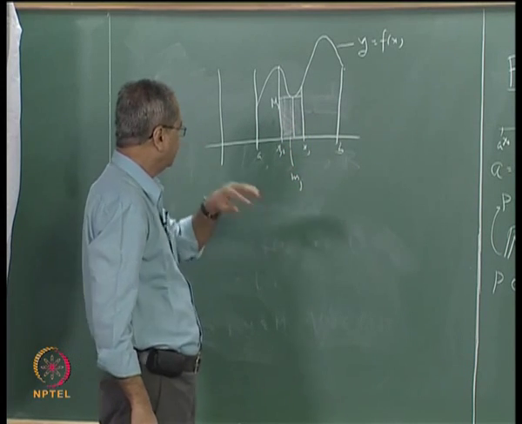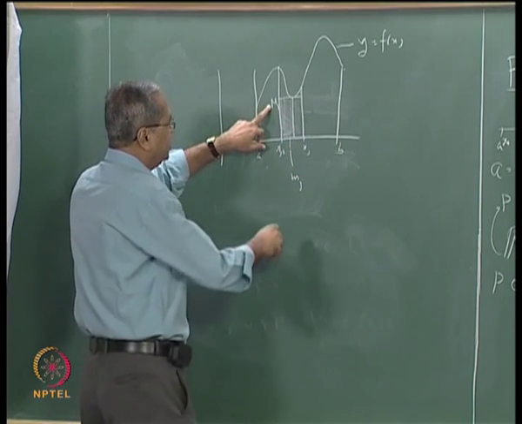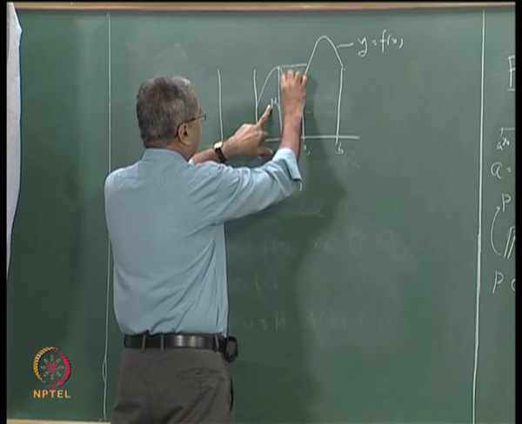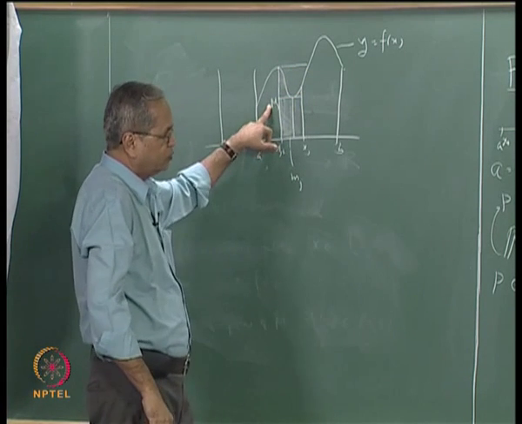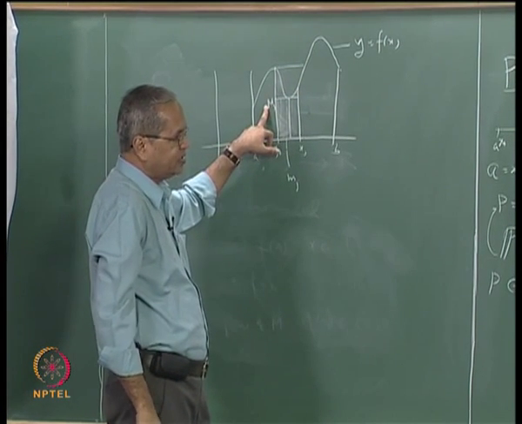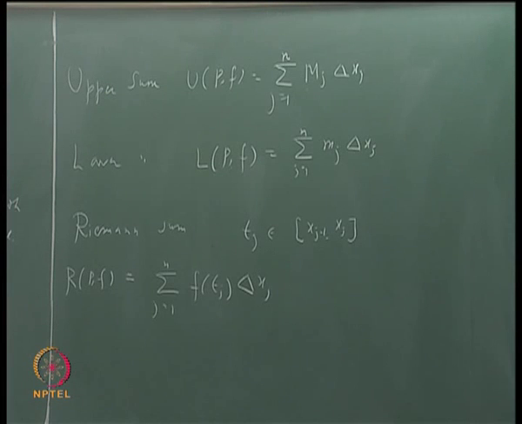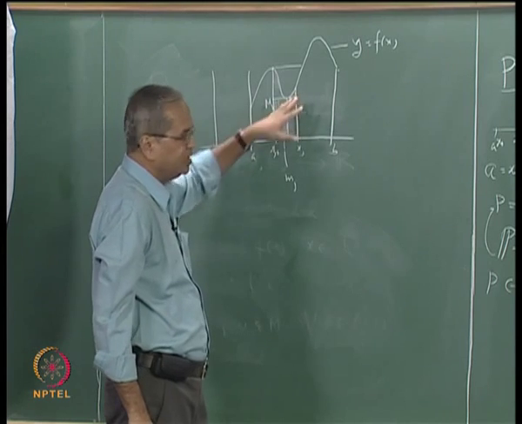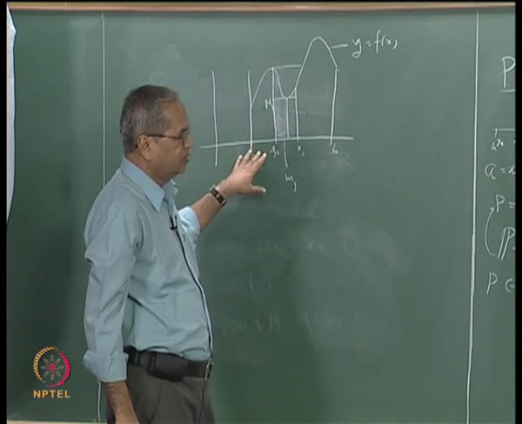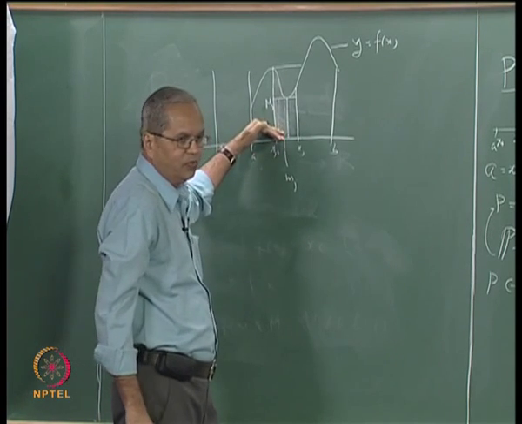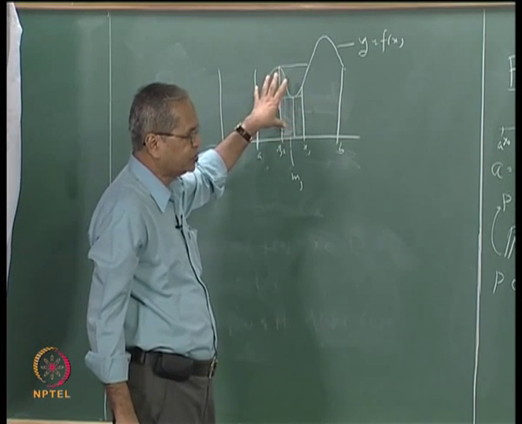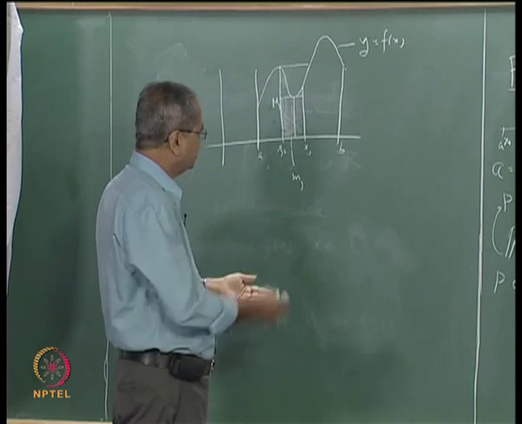And similarly if you do it for this big Mj, it will represent this area. Okay. What you will see is that each of the lower sum and the upper sum approximates the area under the curve. The lower sum approximates from below and the upper sum approximates from above, and the Riemann sum is lying between these two.